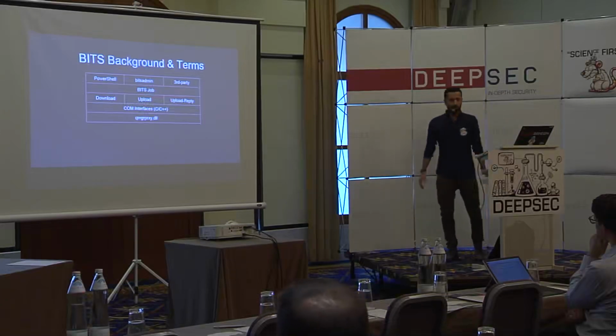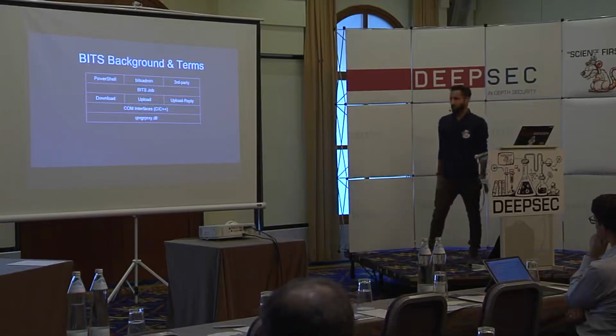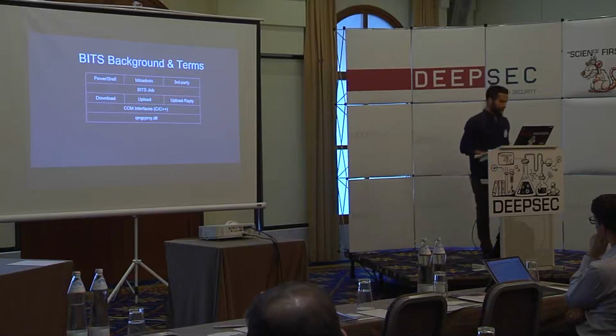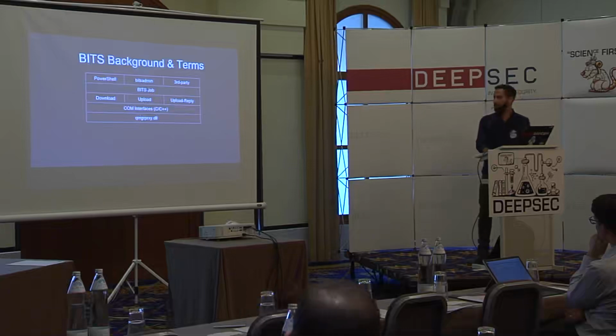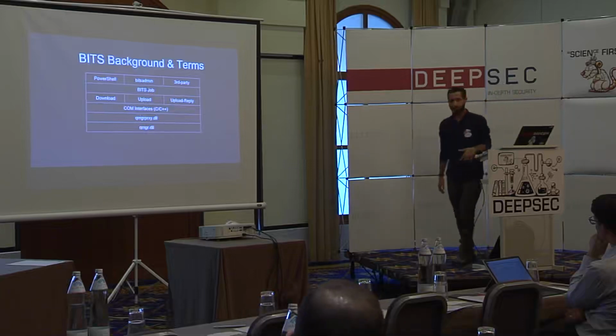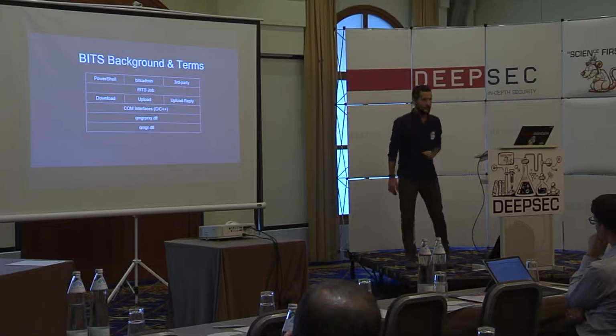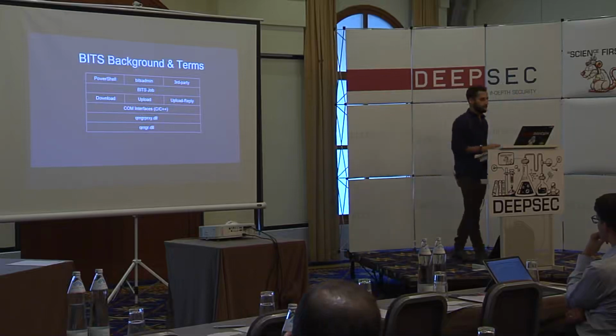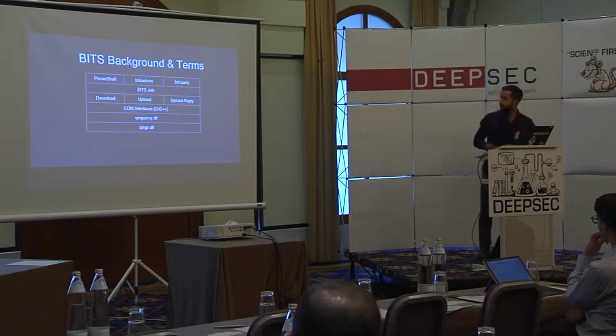But all of the clients are eventually using the COM interfaces that the QMGR proxy DLL exports, and it hides the real implementation that's done in QMGR DLL. This is where the implementation of the BITS service is done.